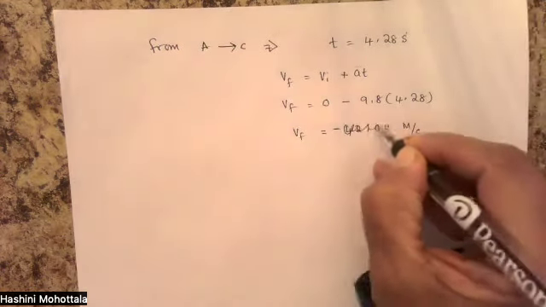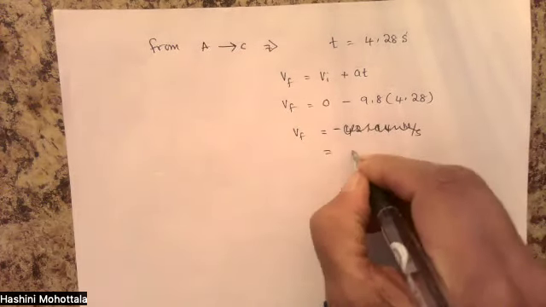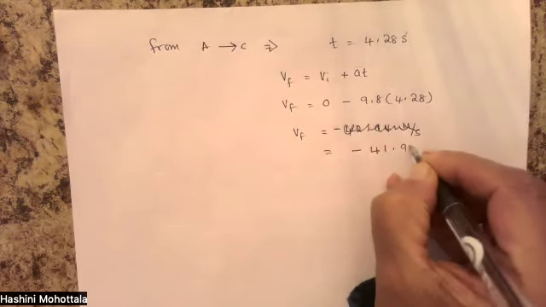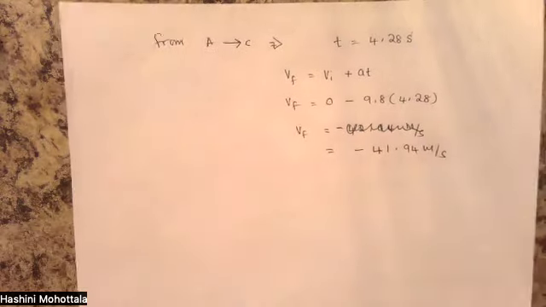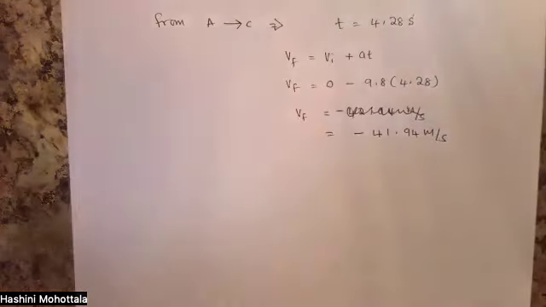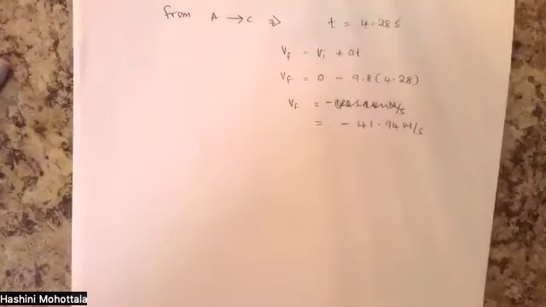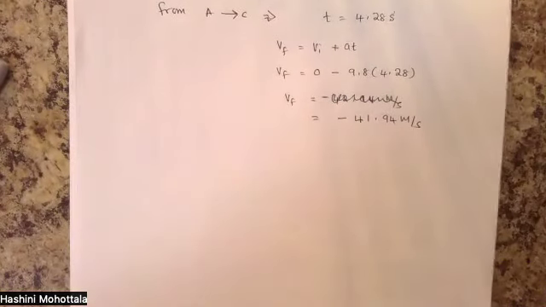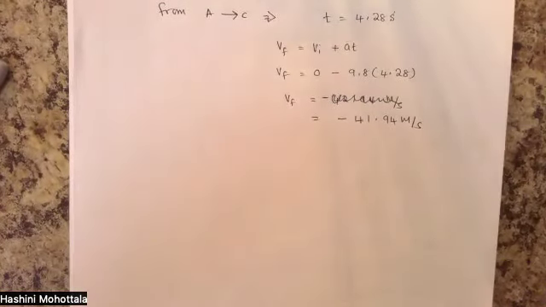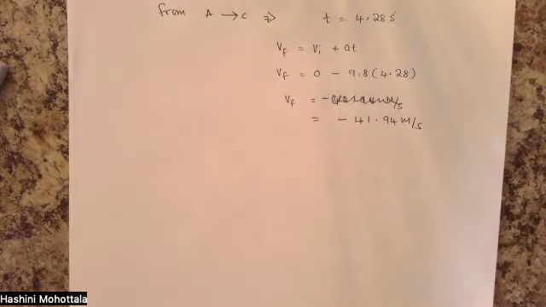Yeah. So negative 41.94 meters per second. And the student who sent me 42, maybe they were using 9.81 as the gravitational acceleration. And that's 100% acceptable. No need to worry about that.